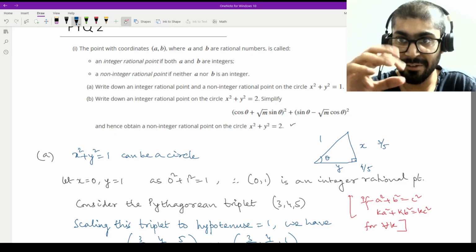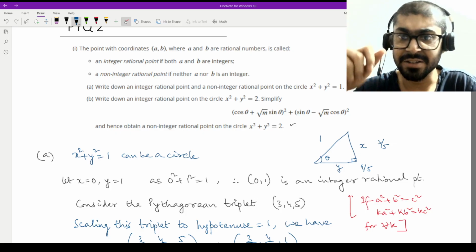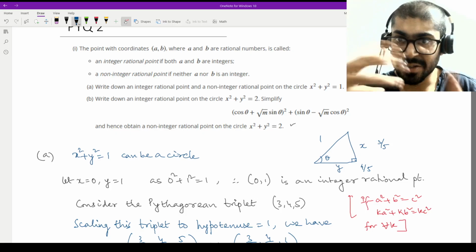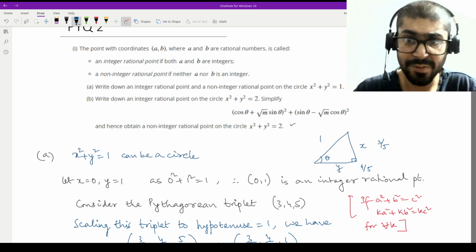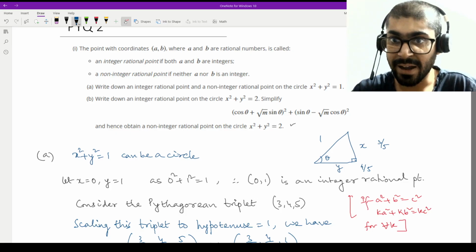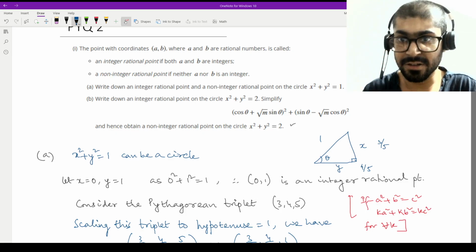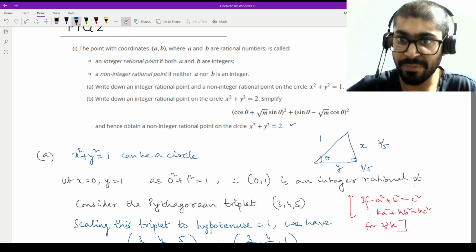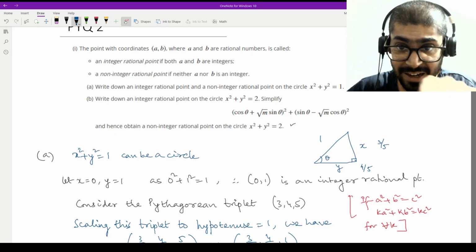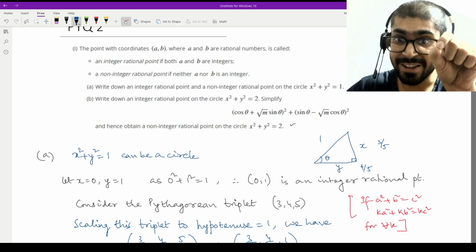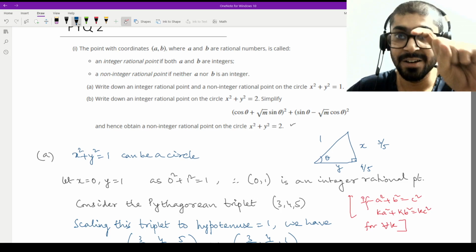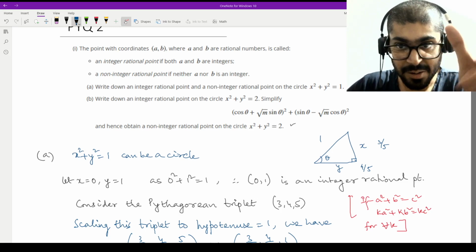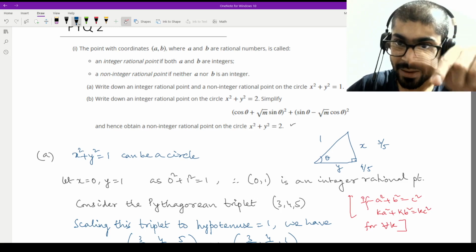Okay, you need to have a basic idea of what circles look like, how their equations develop, how we can derive that equation, and how we can relate the equation of circles to the equation of a triangle in the form of Pythagoras theorem, right? Because you can select that point in the right angle triangle as a center, and then you can form a circle around it.